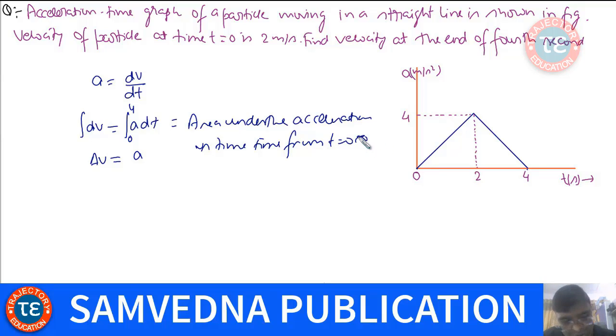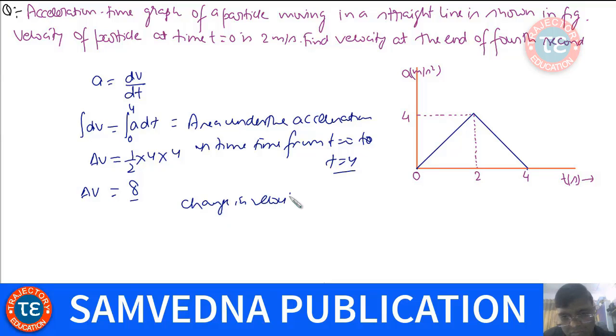from t equal to 0 to t equal to 4. So how much would this area be? 1 by 2 into base into height, 1 by 2 into 4 into this height, right? So this would be 8. So that is delta v, the change in velocity, which is 8.